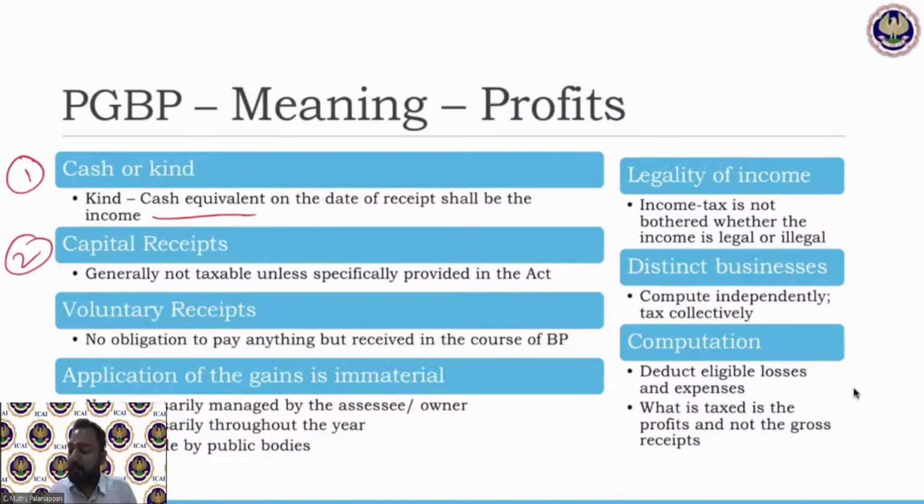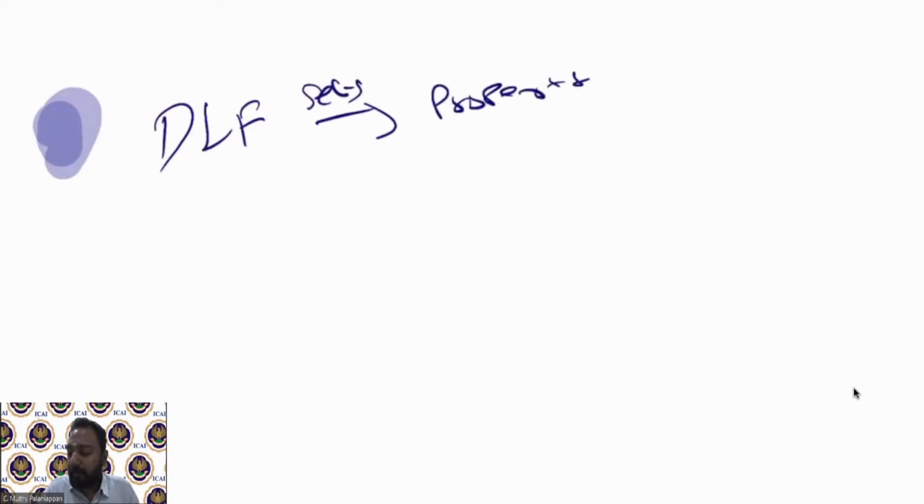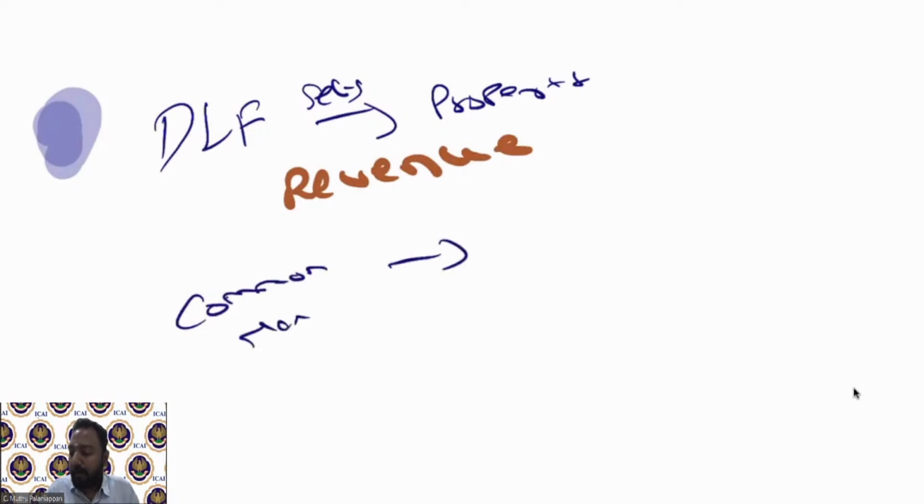So when DLF sells a property, it is revenue. Whereas when a common man sells a property, what is this called? This is called capital gain, right?